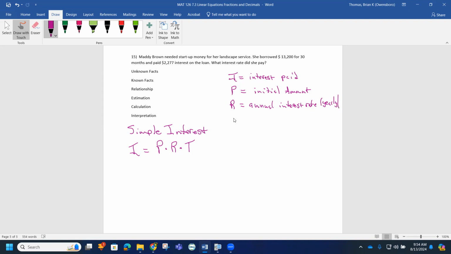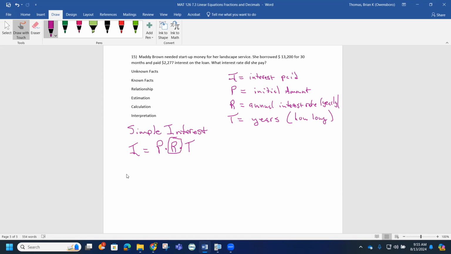And then the time has to be in years, the length of time that you're borrowing it. So T is how long you are borrowing it, usually in years. What we're looking for is the interest rate, so the thing that we don't know is R.